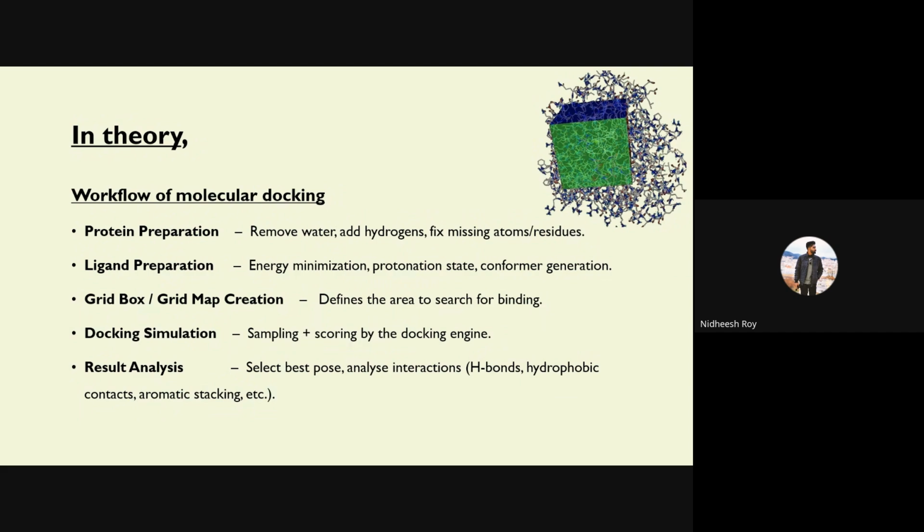Then the protein and ligand are prepared to ensure correct chemical and structural representation. Next, docking is performed to generate multiple binding poses and estimate the binding affinity. Finally, results are analyzed and interpreted to identify meaningful interactions and prioritize candidates for further computational or experimental validation.